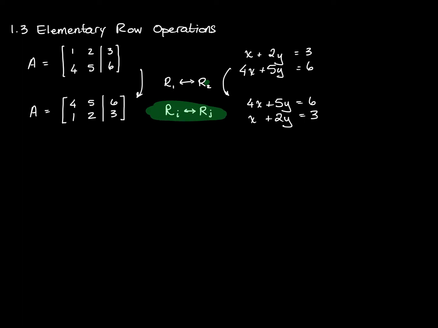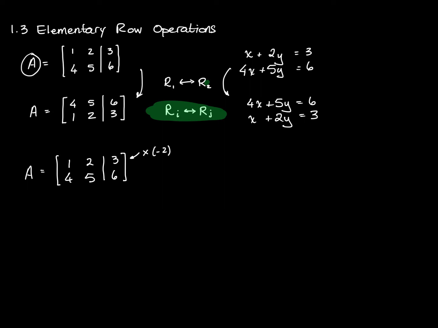Something else that we can do is multiply any row by any non-zero constant value. So for example, I'm going to go back to my original matrix A here. Let's say multiply row 1 by -2.